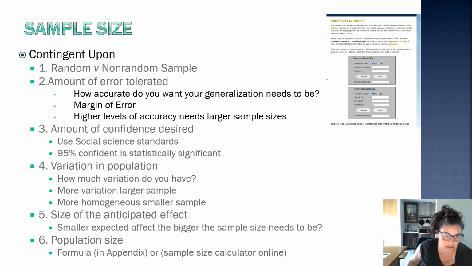So we were talking about size with the anticipated effect. It says the smaller the expected effect, the bigger the sample size needs to be. This has to do with our confidence interval, right?